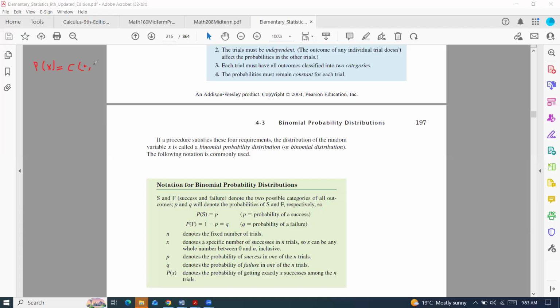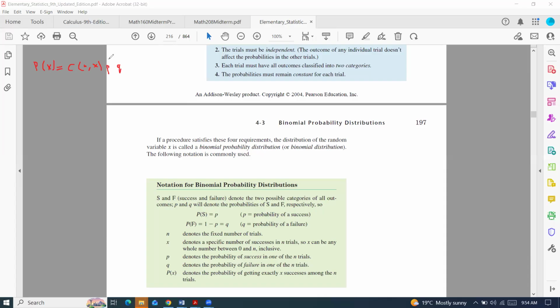And if you're interested in some successes, say x many of those successes, it is going to be using the combinations, and there will be a special situation with doing an experiment and producing either a success with probability p or a failure with probability complement q.